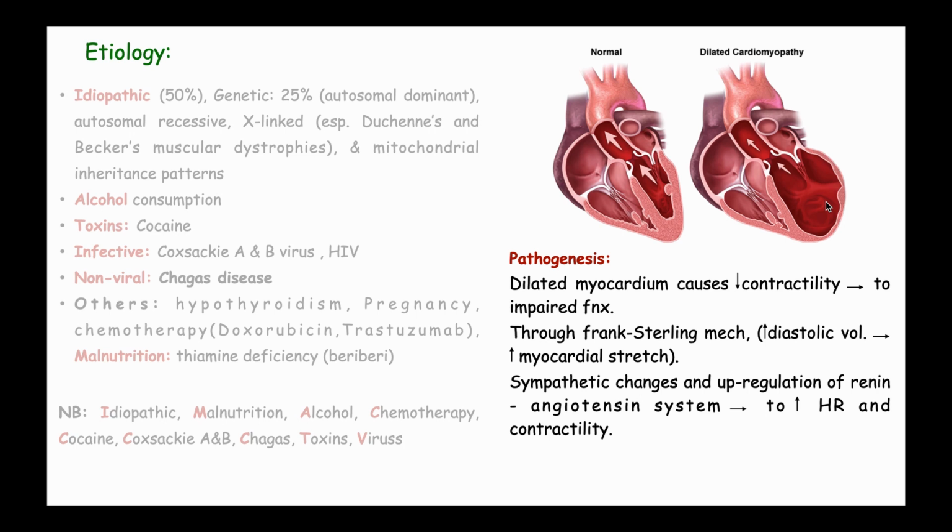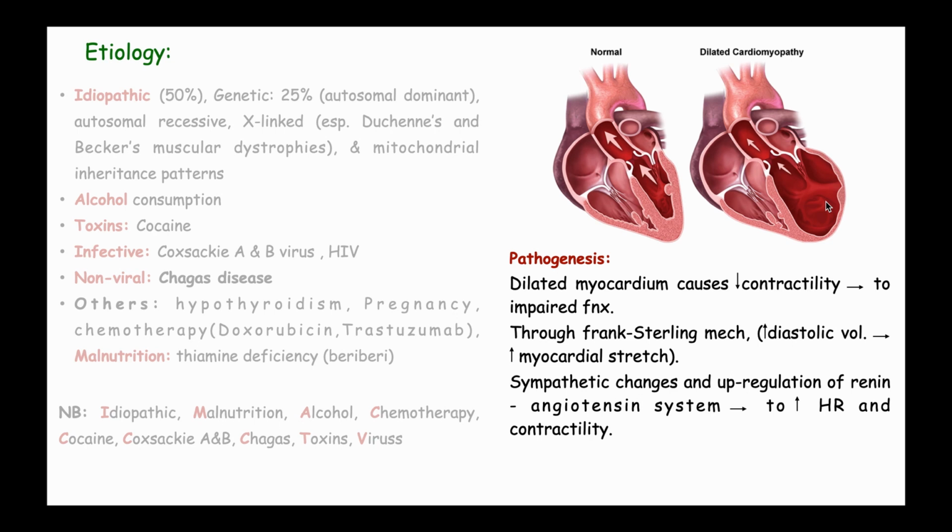And this usually manifests as a reduced systemic perfusion, because the blood is not going, and so vital organs of the body are not receiving enough blood. Such vital organs may include the kidneys and the brain, and so it may lead to their dysfunction, as well as you may find cold extremities in these patients.